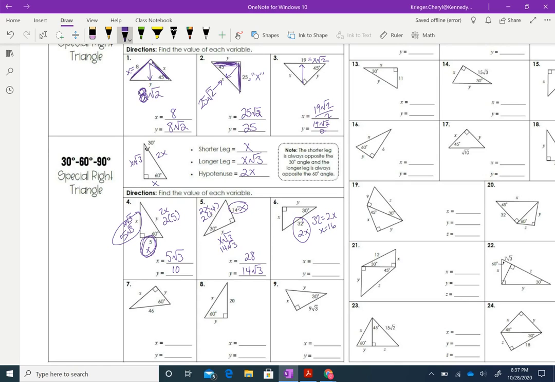Okay, and so 16 is our x, not our x root 3. So the shorter leg is 16. And our y, x root 3, we plug in our 16 for x, is 16 root 3.